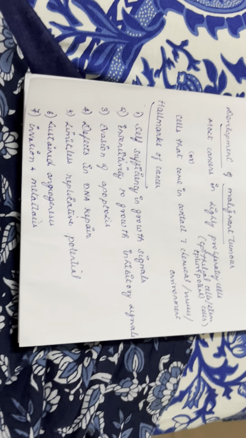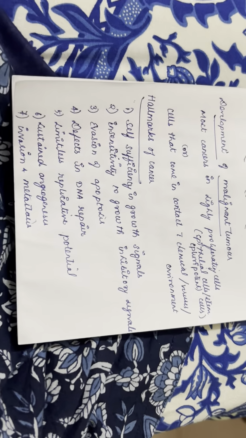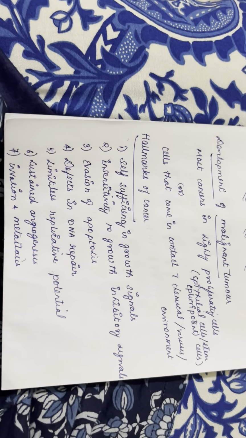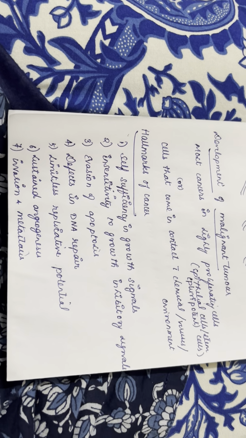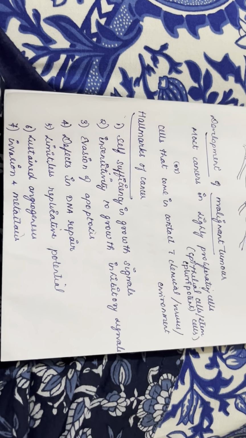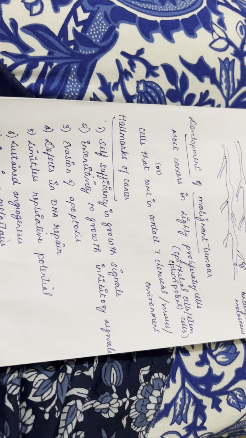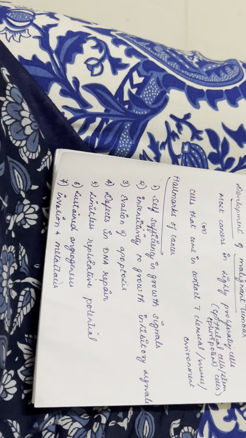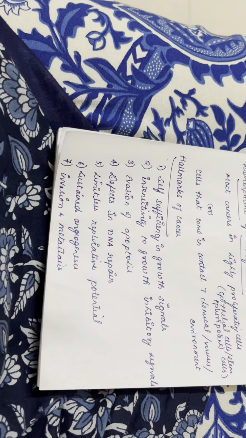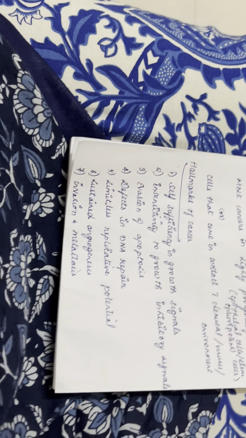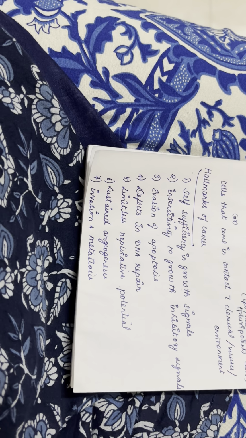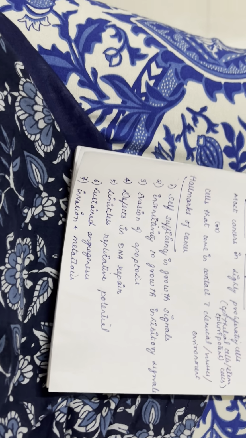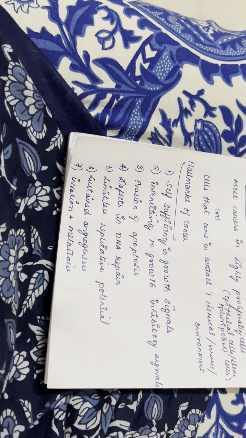Coming to the hallmarks of cancer, totally 7 hallmarks are there. The first is self-sufficiency in the growth signals. What are growth signals? For the normal cell to perform, signal is very important. What is the purpose of a signal?